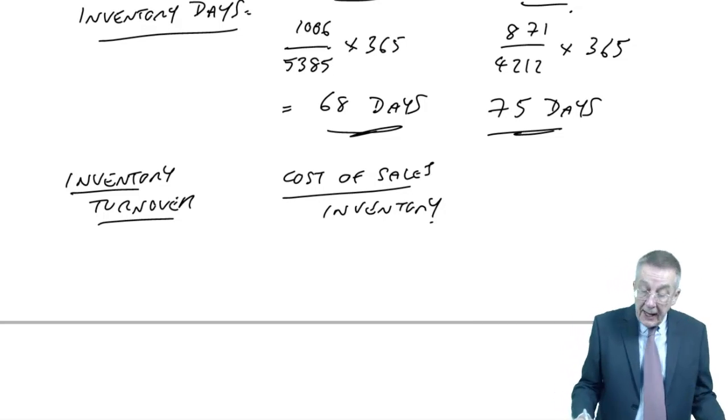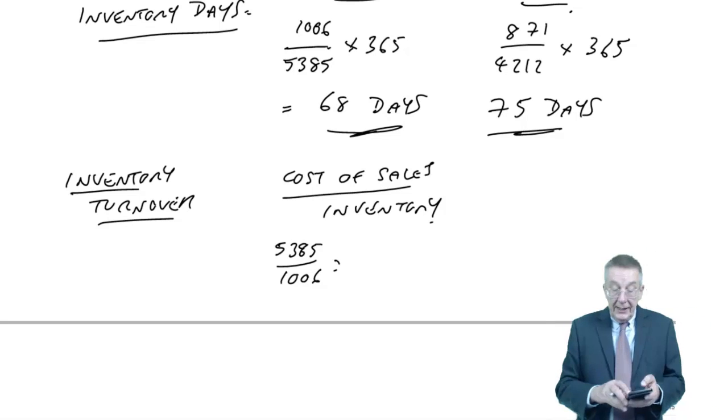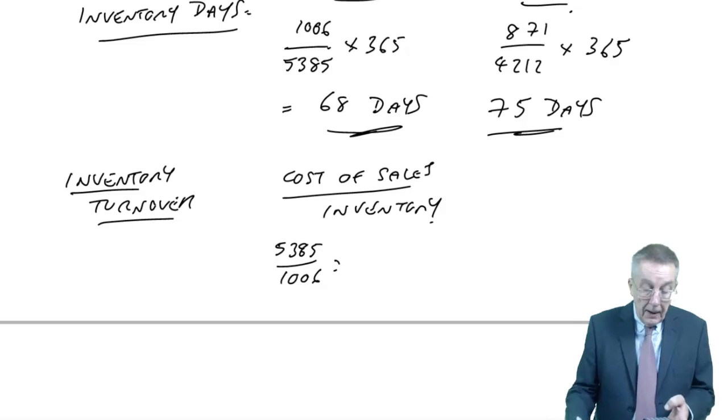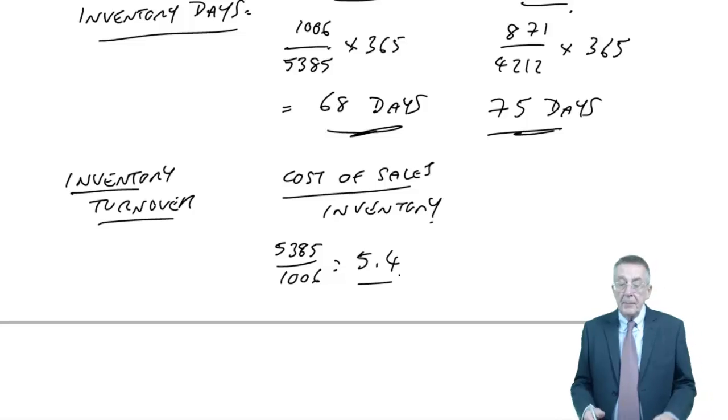So in 2007, cost of sales 5385, inventory 1006, which is 5.4. Leave this as a number.